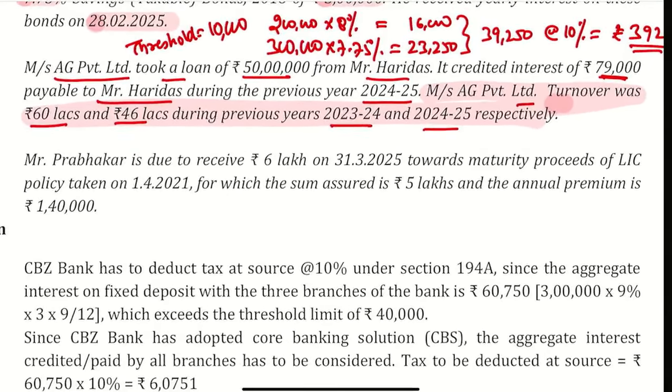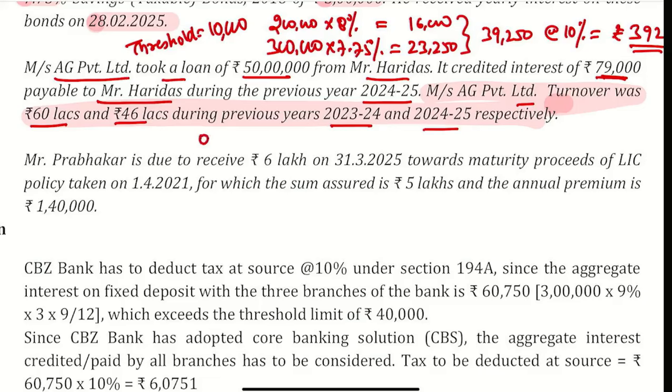Can you tell me the threshold limit, guys? Okay, first of all, tell me, is it interest on securities or interest other than securities? AG Private Limited took a loan of 50 lakh from Haridas. It is other. There is nothing mentioned over here that it is bonds or debentures, etc. It's not mentioned, so it's other. Can you tell me the threshold limit? Very good, 5,000. For other, it is not a bank who is paying you. It is not financial institutions. For other, it is 5,000. And how much are you getting? 79,000.